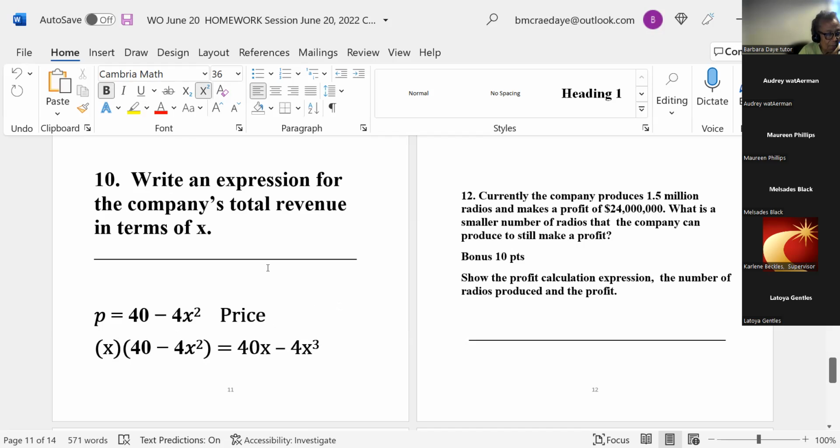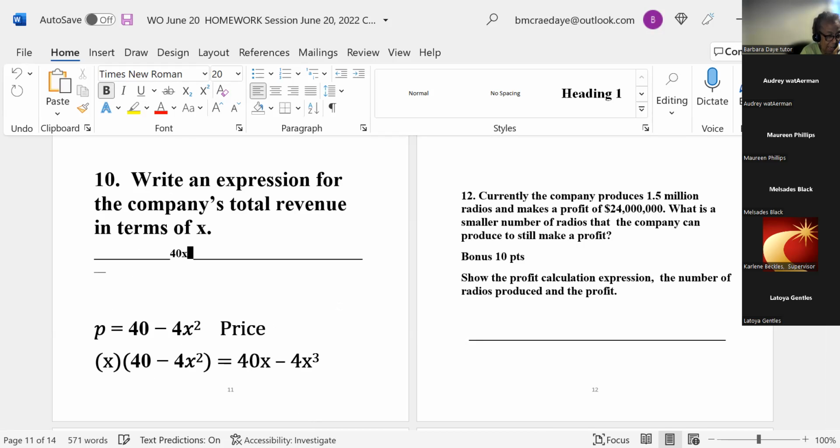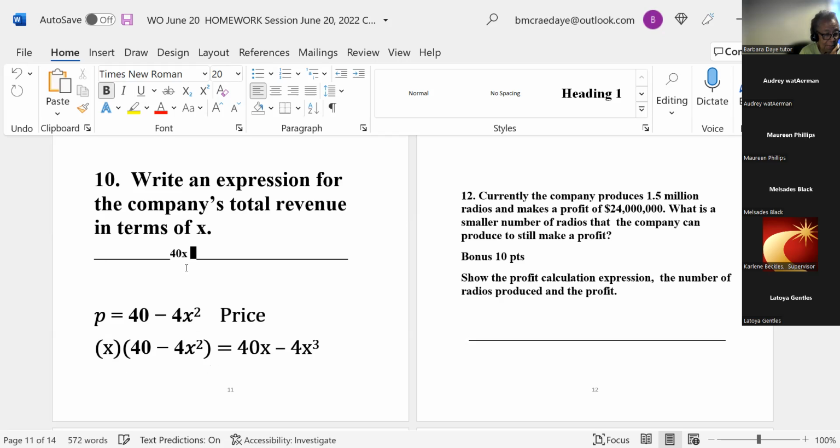This is your revenue. So that's what you would put here, the revenue: 40x minus 4x to the third. I'll make it bigger. Okay, so that's what will go here for your revenue.